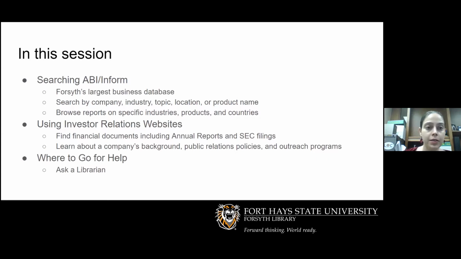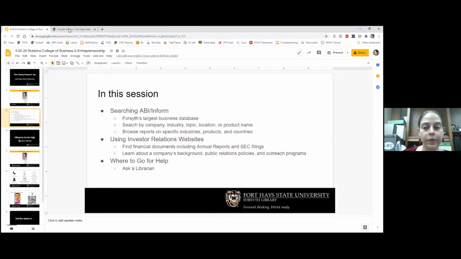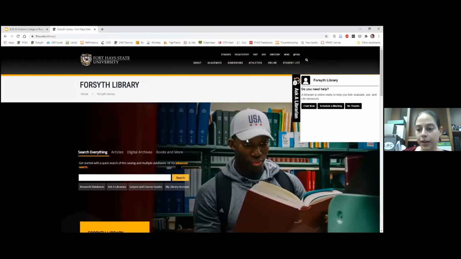So I'm going to go ahead and close this and pop over to the library homepage. Here on the library homepage, we're going to start by going to research databases. Now, before we do that, you might be asking yourself, why don't I just search in the search everything box here? The reason for that is that it searches a lot of our different databases at once.